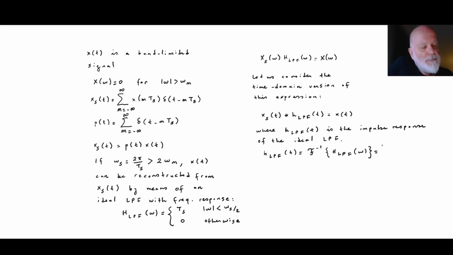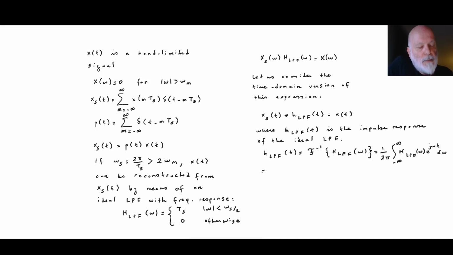Okay, we have also the factor in the inverse Fourier transform, the constant 1 over 2 pi, integrated from minus infinity to plus infinity of capital H LPF of omega e to j omega t with respect to omega.